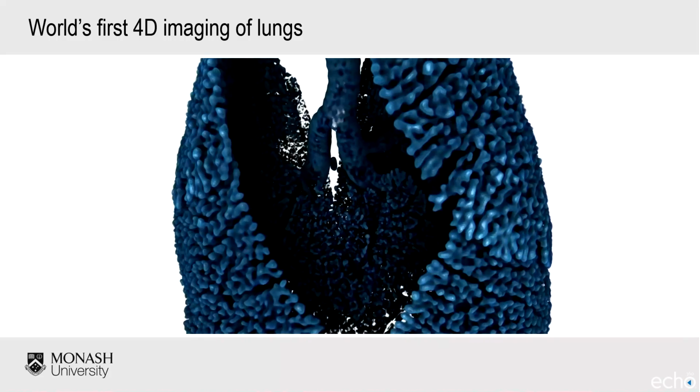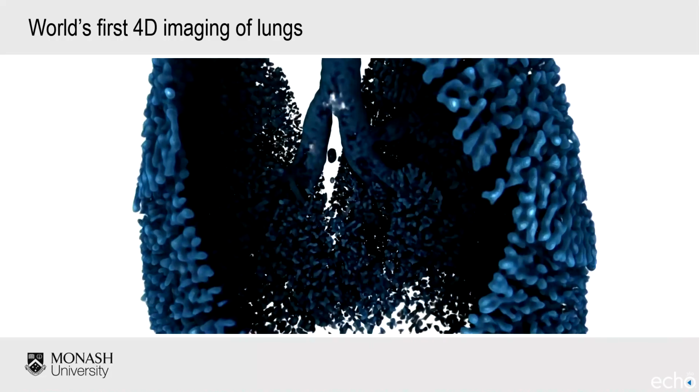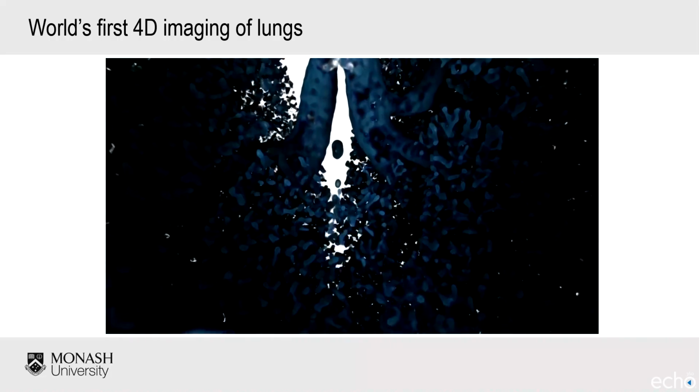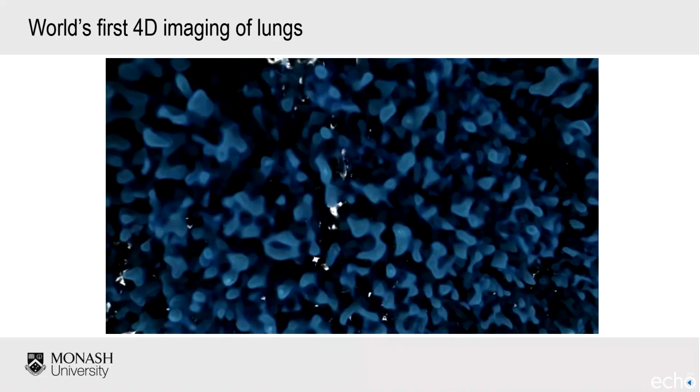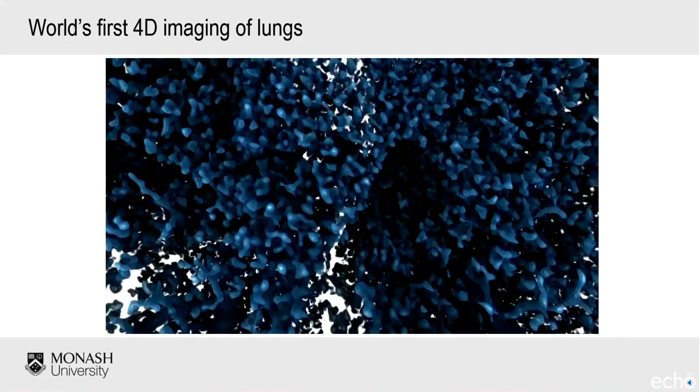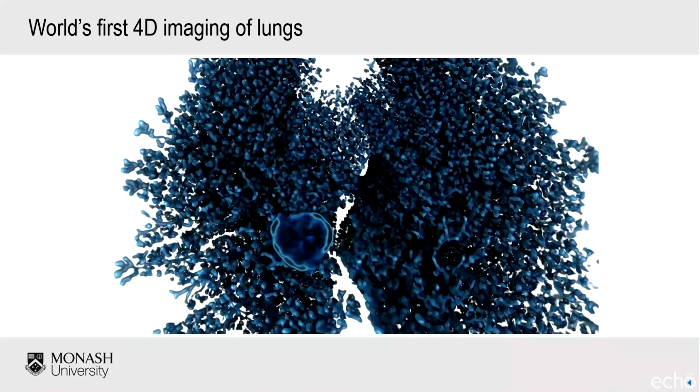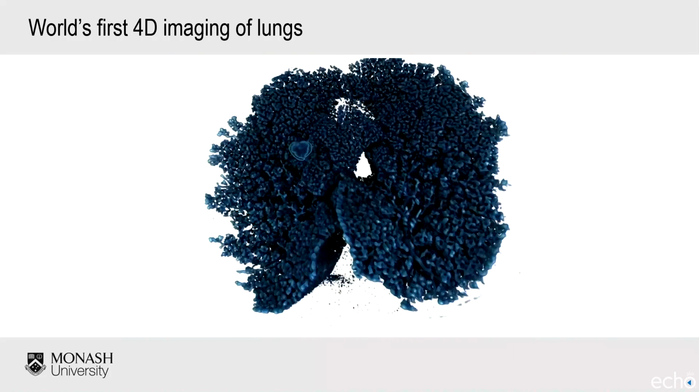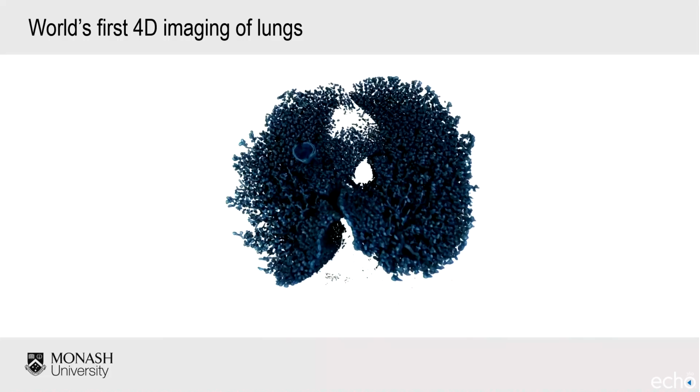Now, what this work actually led to was a discovery that disease sometimes can manifest itself in the way that the lungs move before it manifests in other ways, such as a tumour or a blotch on the imaging data set.